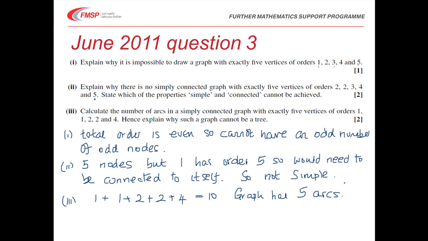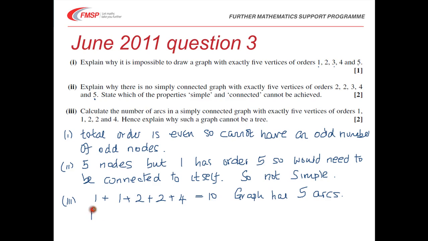And then it says, hence explain why such a graph cannot be a tree. Now you should know that if a tree has got n vertices, it will have n minus 1 edges.